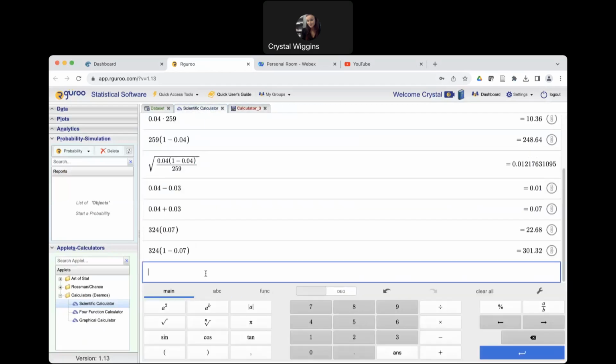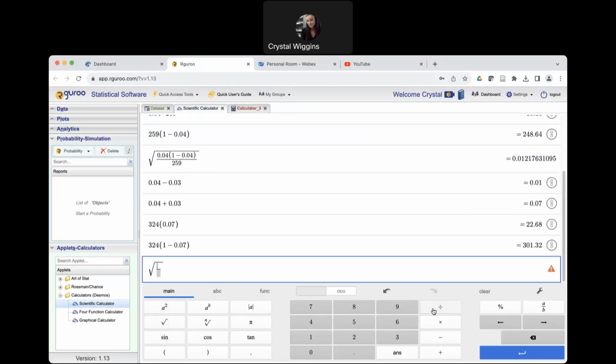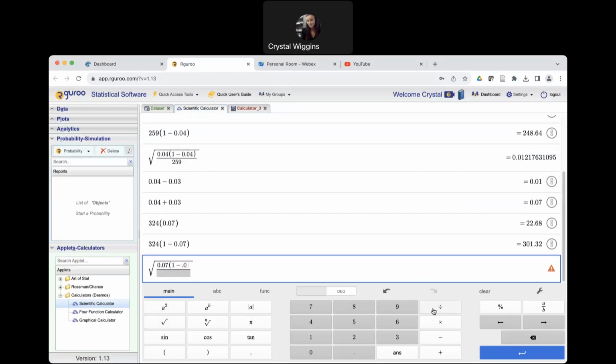I also now need to calculate the standard deviation for the sampling distribution of proportions, or the standard error for proportions, whichever way you want to label it. And that's a big square root with a fraction underneath, where my numerator is the population proportion times 1 minus the population proportion. And my denominator is the sample size of 324.